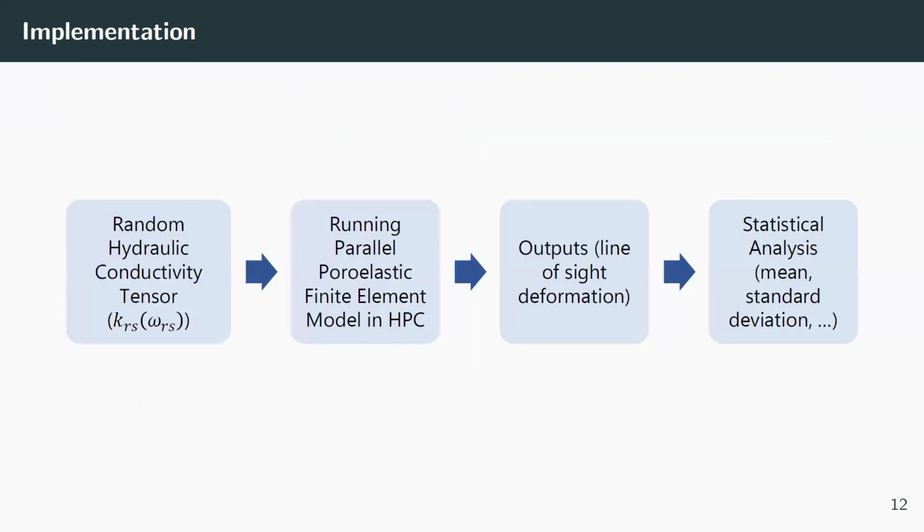So finally, we have thousands of random hydraulic conductivity tensors. And we need to run them through our poroelastic finite element model on HPC. And then we would have thousands of outputs. And then we need to do some statistical analysis. We are not yet done with the analysis.